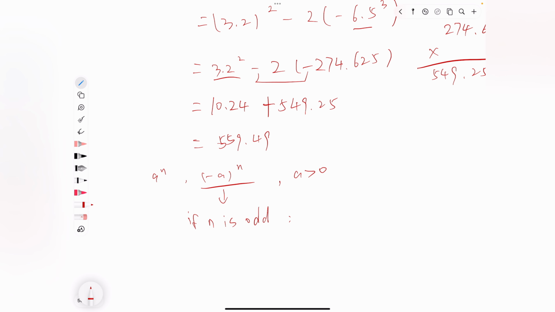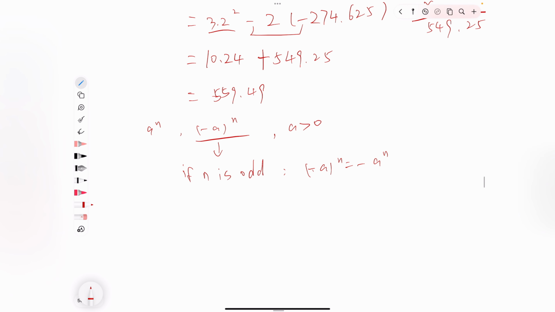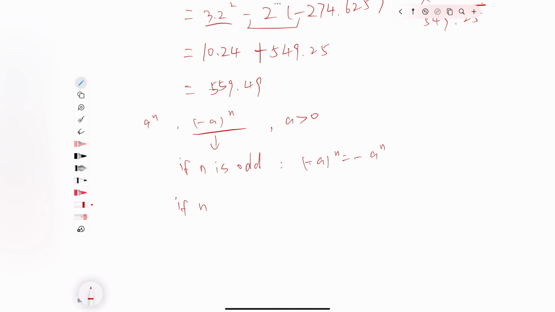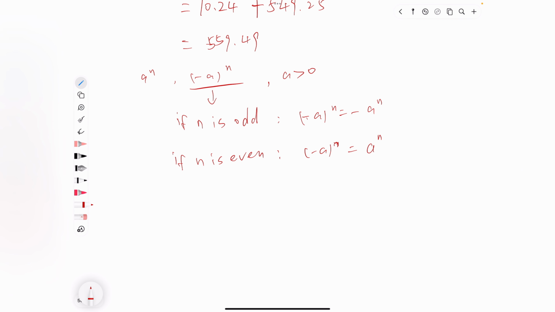If n is odd, we'll keep the negative sign, so minus a to the n will equal negative a to the n. If n is even, minus a to the n will equal to a to the n.